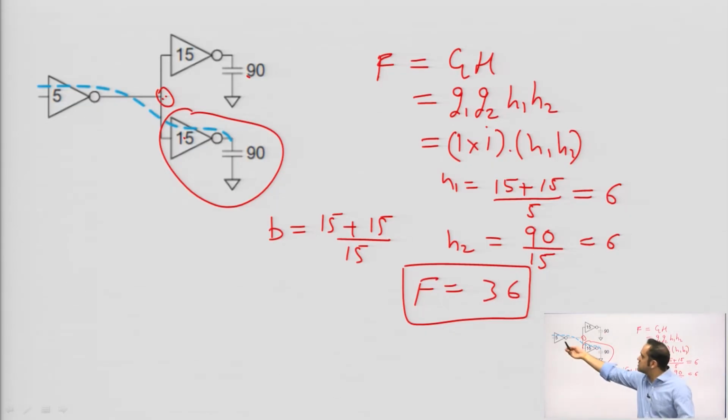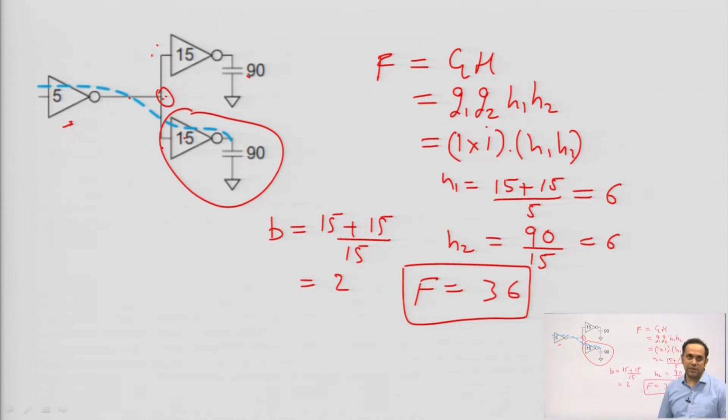Why? Because this driving input is seeing both the capacitances, even though you are taking this as the chosen path, the driver here is seeing both of them. So, you take the capacitance of both the stages into account. This is going to give you a branching factor of 2.